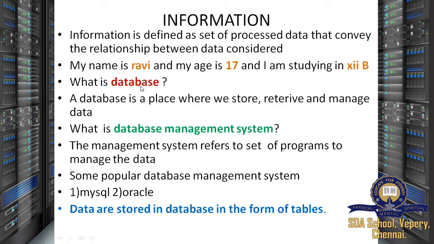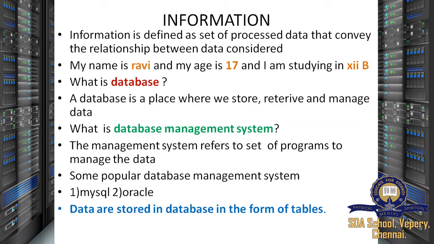Next thing is database. It's a place where we collect and store our data. We are able to save our data in a computer in the form of files or folders.